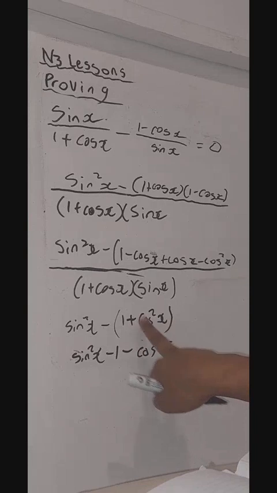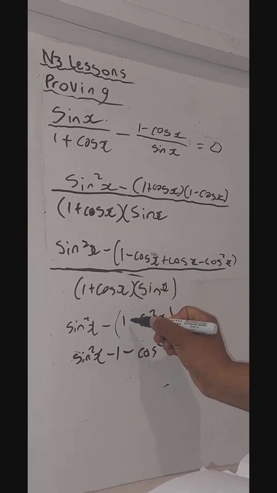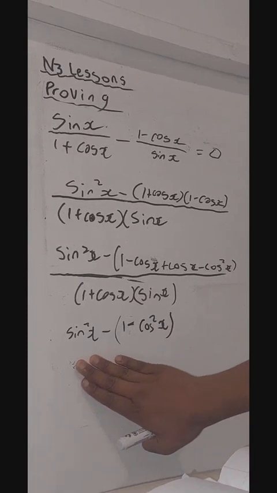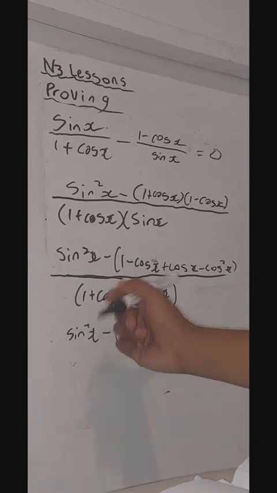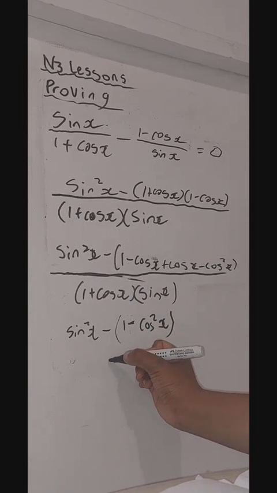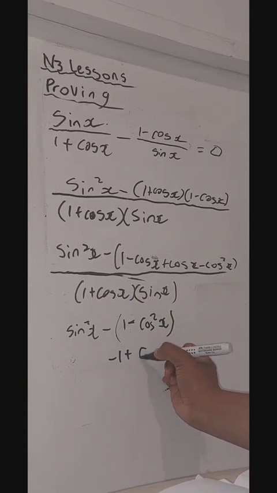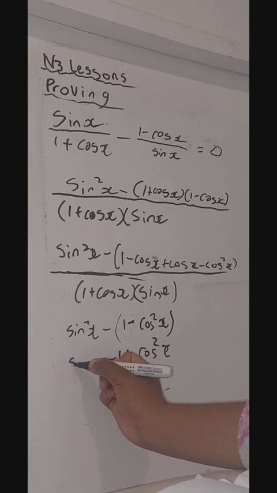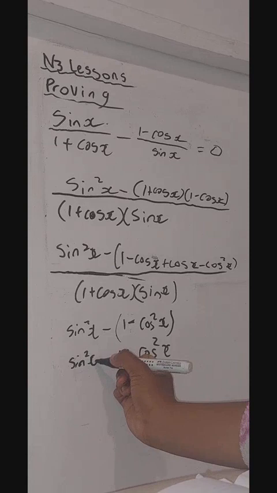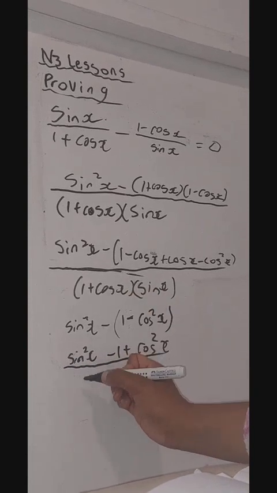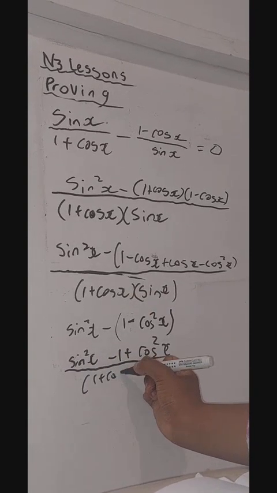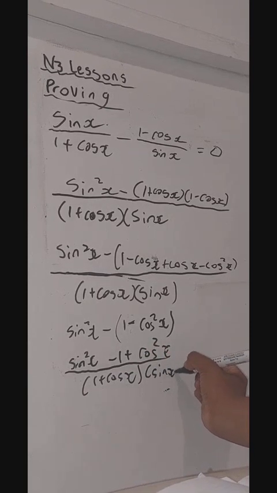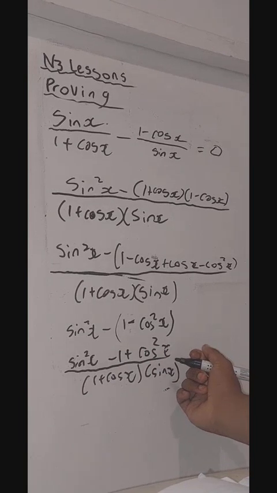Here, I'm so sorry, it was minus there. So that means it's going to be -1 plus cos squared x. Remember, we still have sine squared x over this whole thing, 1 plus cos x times sine x. It's still over that thing.